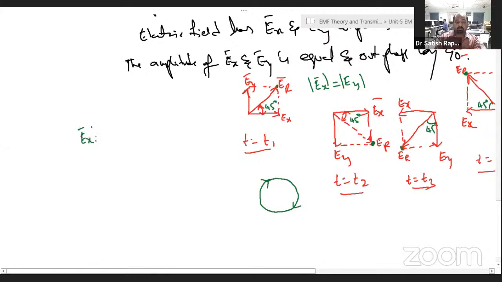Example, let us say Ex is equal to Ex naught, the amplitude.